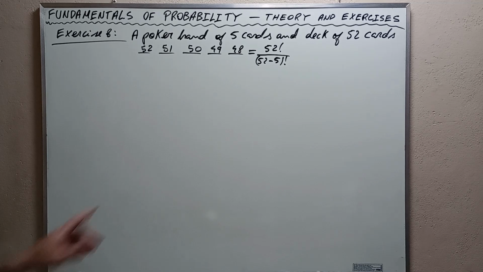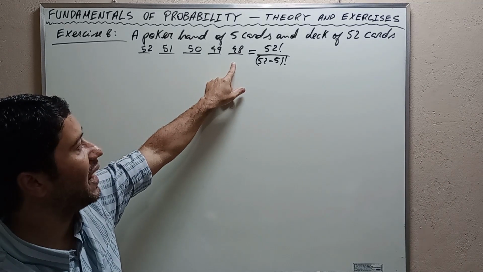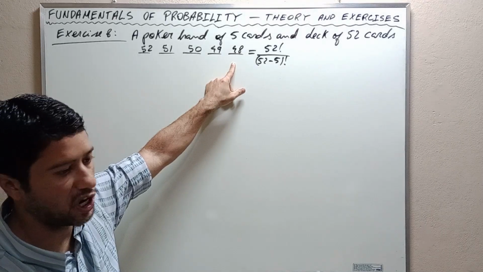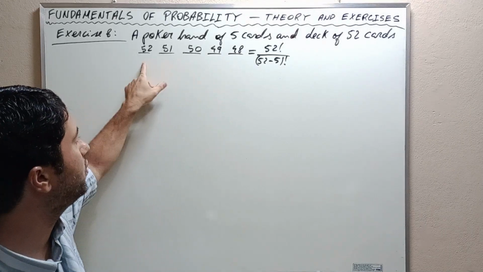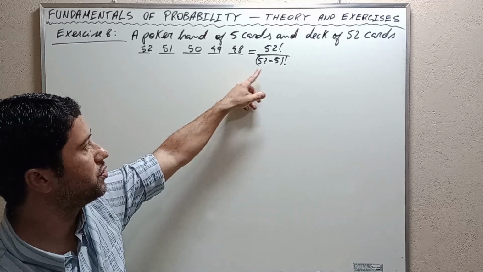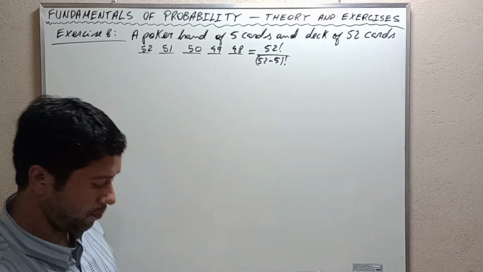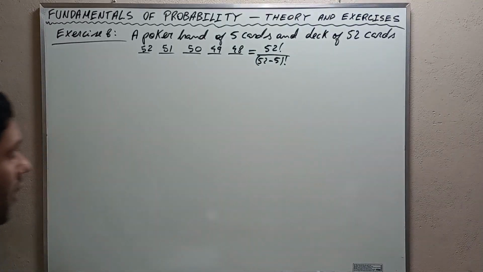We stop here because we don't have 52 positions for the 52 cards. We have only these 5 positions. That's why we divide by 52 minus 5, okay? And this is the first part of understanding the sample space.